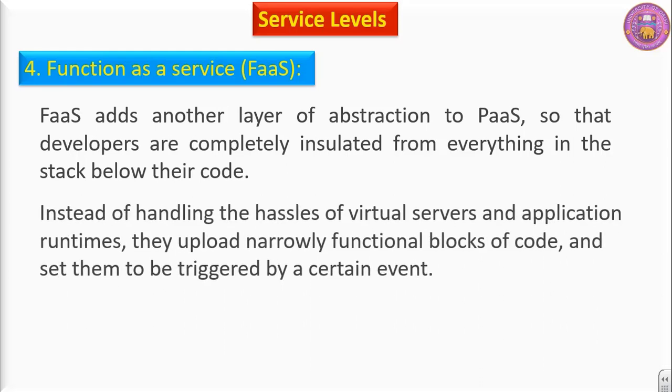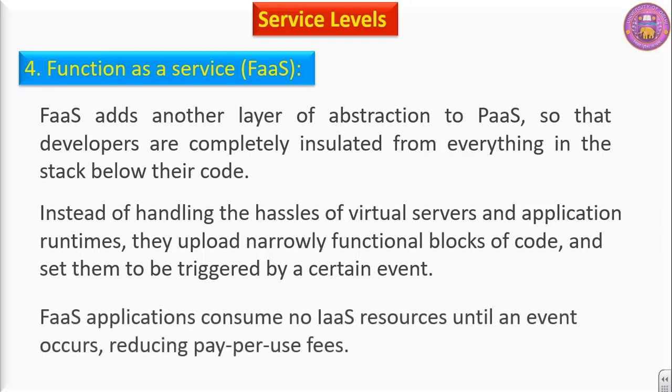Instead of handling the hassle of virtual servers and application runtimes, they upload narrowly functional blocks of code and set them to be triggered by a certain event. Function as a service consumes no IaaS resources, infrastructure as a service resources, until an event occurs, reducing pay-per-use fees.